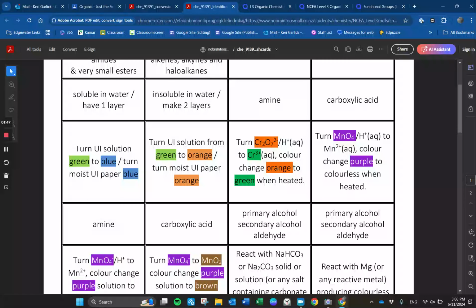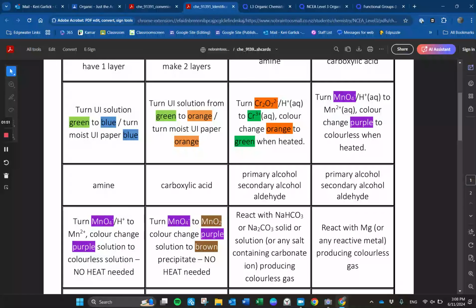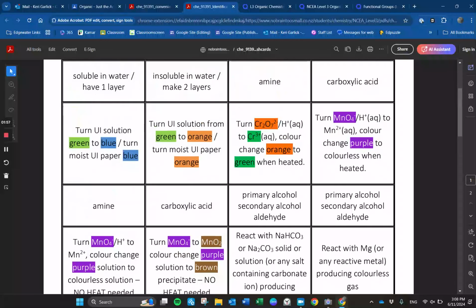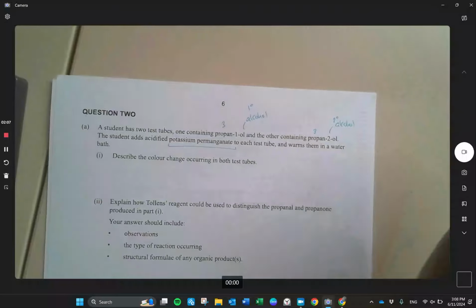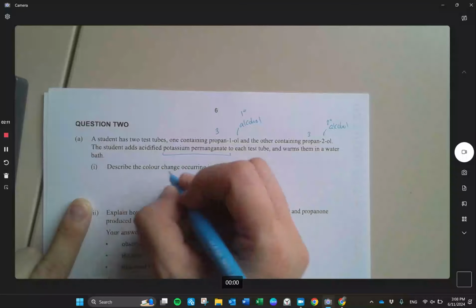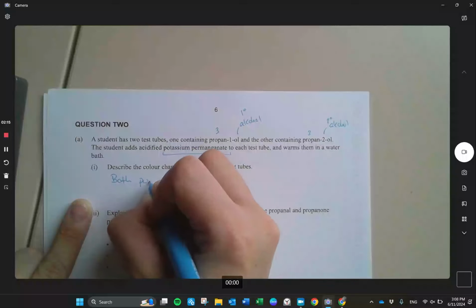Yeah? Okay, so potassium permanganate is this one that's purple. Yeah, so it says purple to colorless when heated, and it has primary alcohol and secondary alcohol and aldehyde. So what we should expect here in both of these test tubes, color change wise, with that potassium permanganate, is that we're going to go from purple to colorless. So both will be purple to colorless.